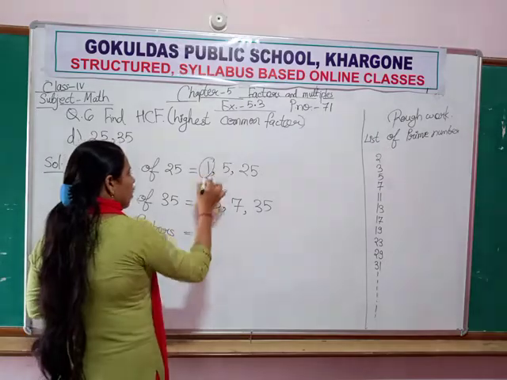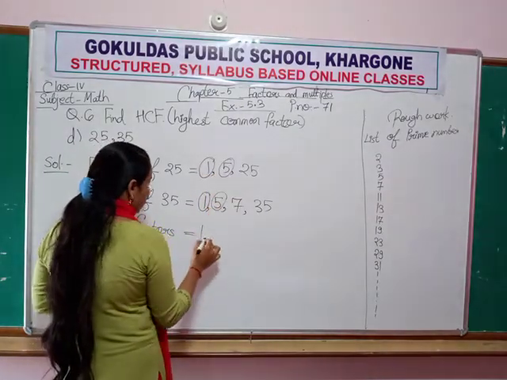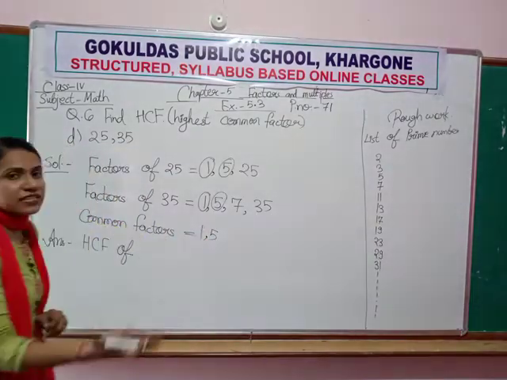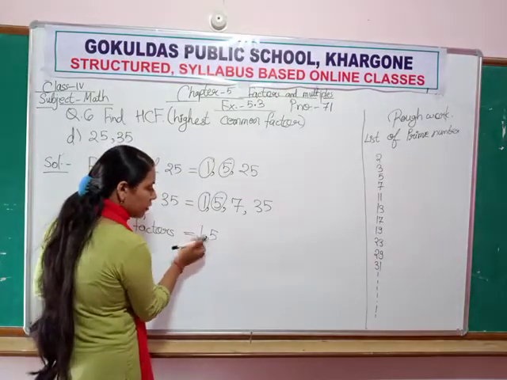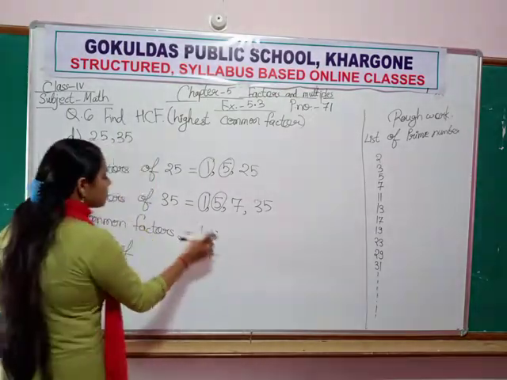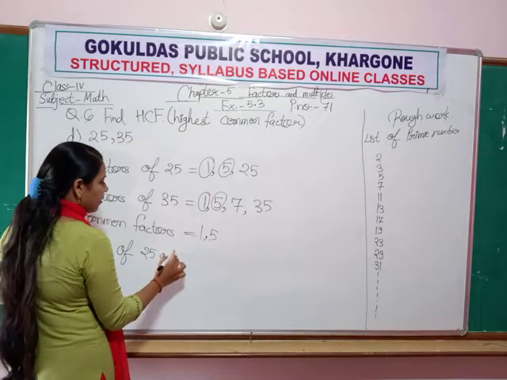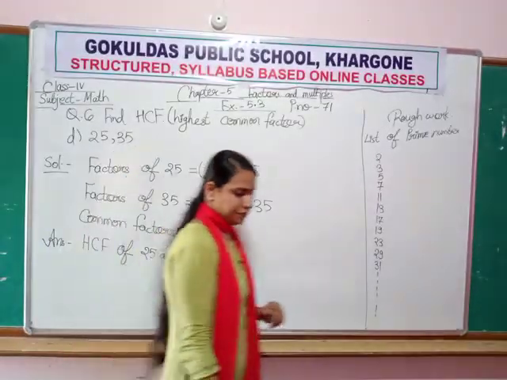Okay, now identify the common ones. So 1 is common and 5 is common. Write the common factors, 1 and 5. Now which one is highest common among these? 1 or 5? 5 is highest. So the HCF of 25 and 35 is 5.